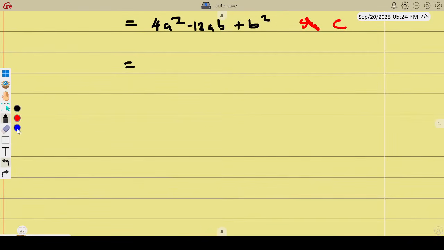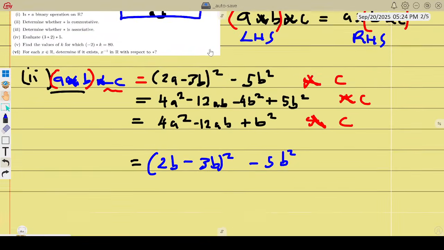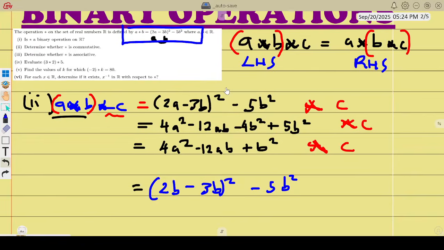So our operation is 2A minus 3B, this is a square, and then outside we're having 5B squared. So this is the general operation which we have been given.